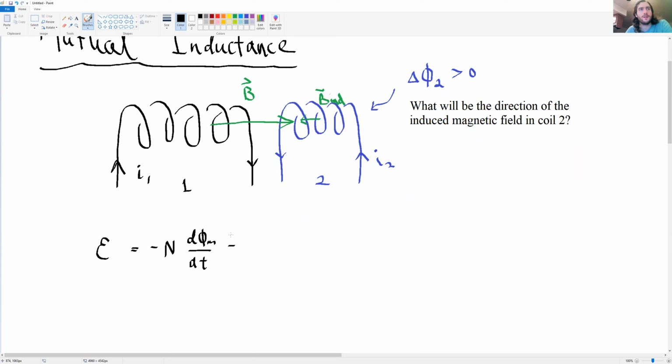I should be a little careful with my subscripts here, but let's refine the expression later. We want to convert this equation to one which looks something along these lines, where M again is a constant called the mutual inductance.